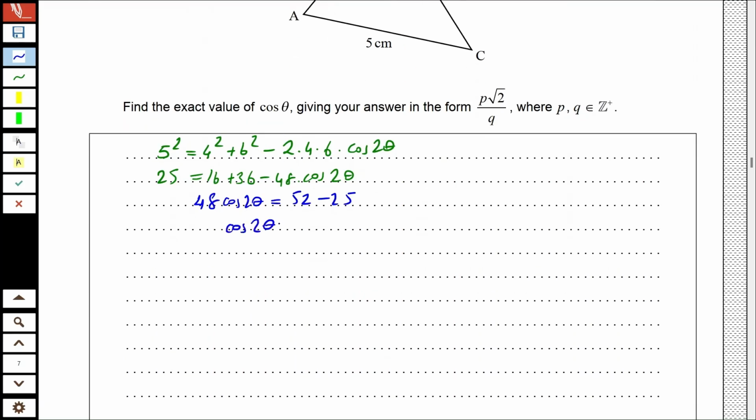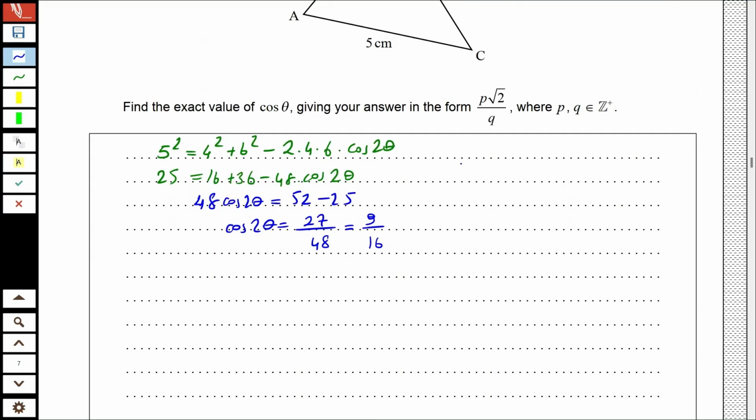So cosine 2 theta equals 27 divided by 48. It is 9 over 16.